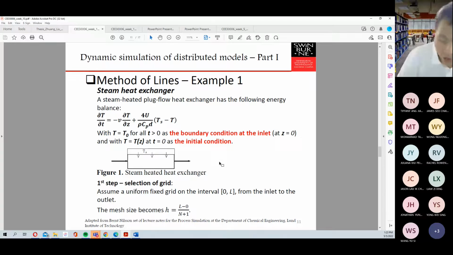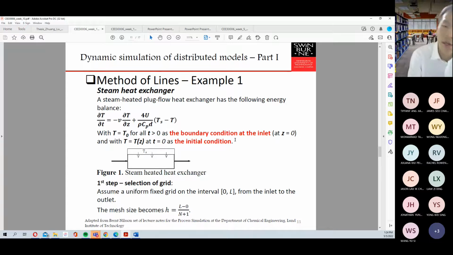In order for us to understand those things that we have discussed, except this time applied to partial differential equations, we will discuss an example here. The example is the steam heated plug flow heat exchanger.